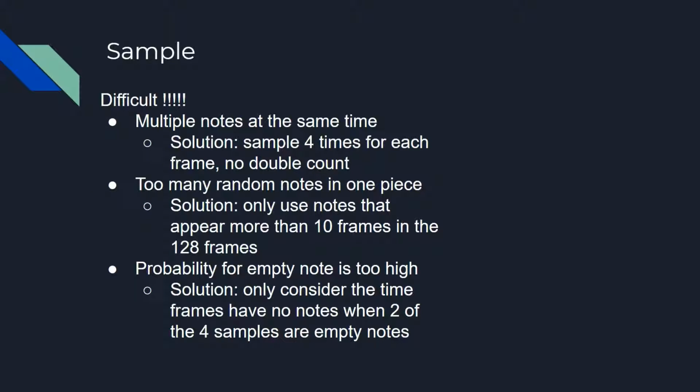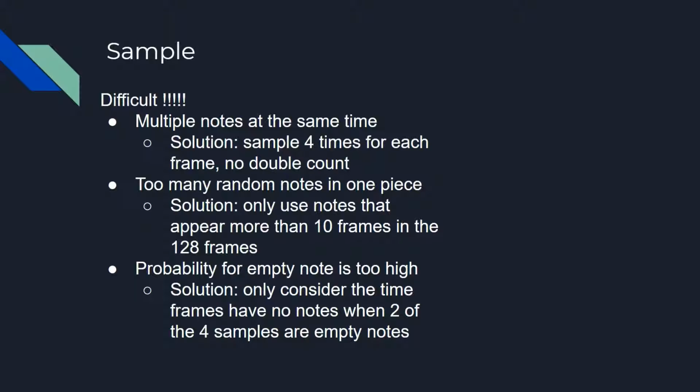After training our model, we'll do the sampling. Our sampling is kind of difficult because, unlike the RNN model we used for our homework, where we just generate one character at a time, we need to generate multiple notes. Our solution is that we sample 4 times for each time frame and will not double count the same notes we generate.